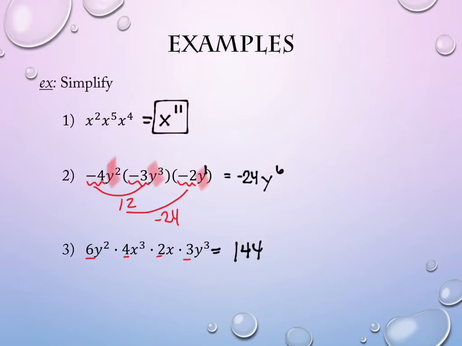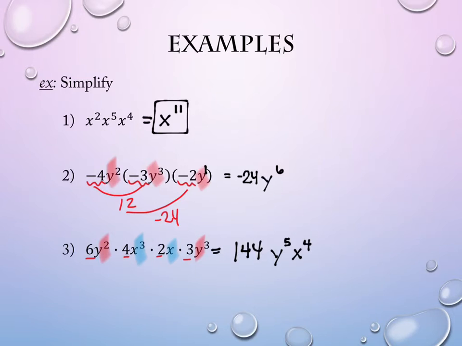And then I'll take the pieces that match, right? So, well, I'll just do y squared because it's first. So if I have y squared and I have y cubed, what will that become? Y to the 5th. That's right, good. And then on my x's, I have x to the 3rd, and I have x, which gives me x to the 4th.